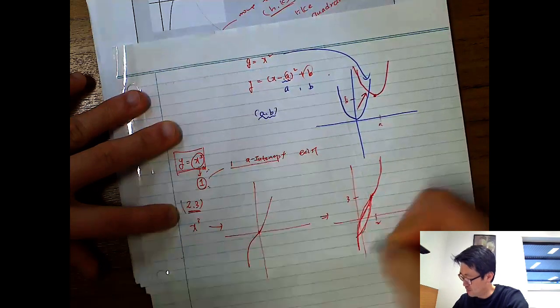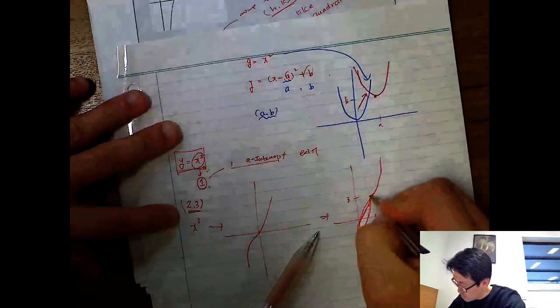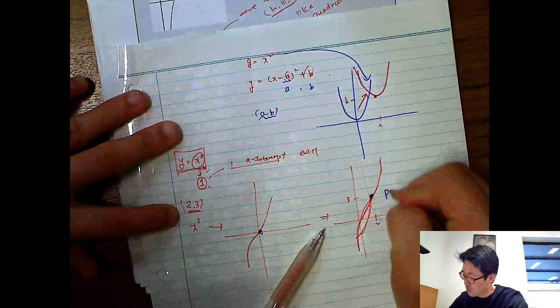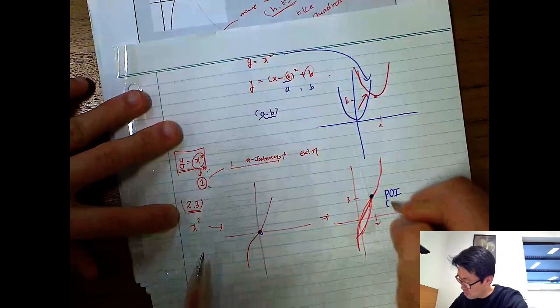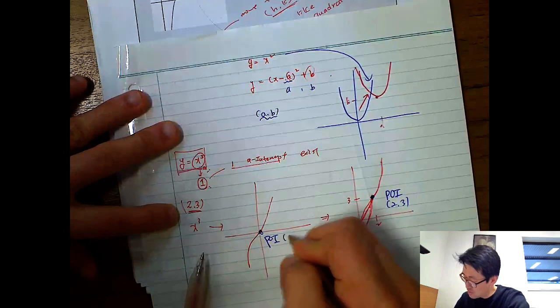That's probably better, yeah. So it moves up. So there is your point of inflection at 2 and 3. Previously, the point of inflection is 0 and 0.